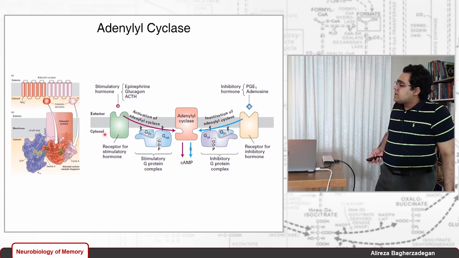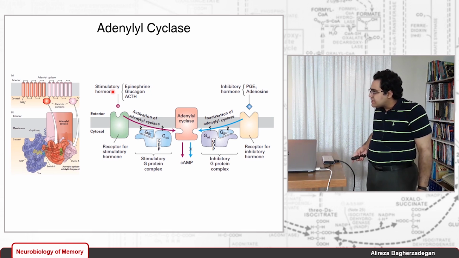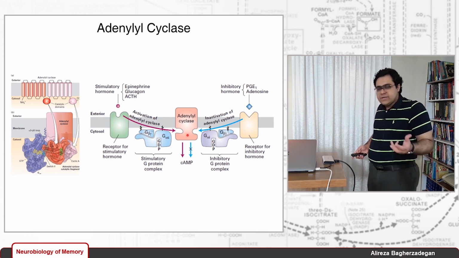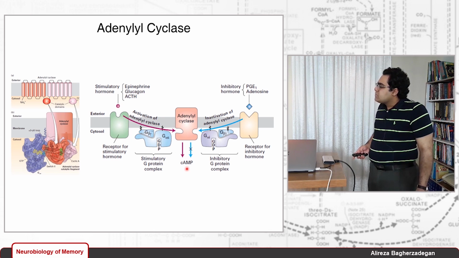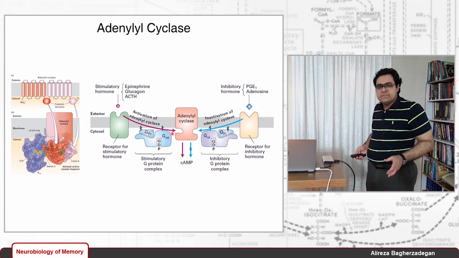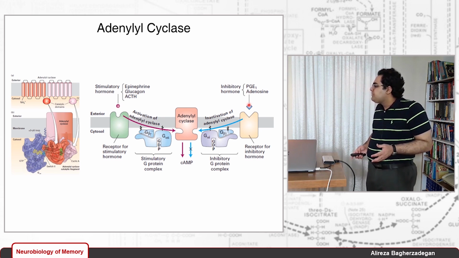So this is, I want to call it, a mini signal transduction pathway. We have a signal, we have a receptor, and then we have this transducer which couples the receptor to an enzyme, and we have also an enzyme as an effector, and then we have a little bit of a response, which is the production of cAMP. But let's see what happens when we have an inhibitory hormone, such as adenosine.